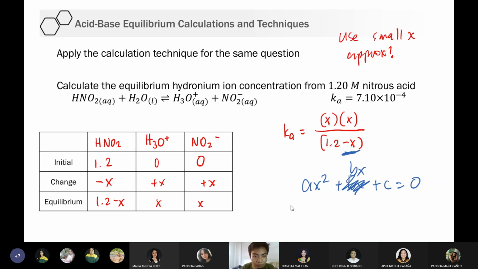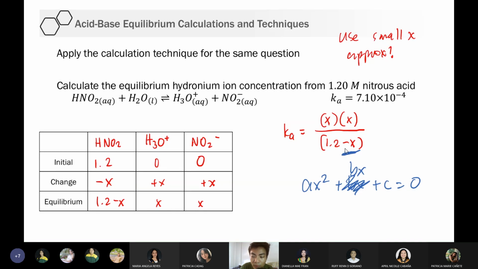Kaya nagka-quadratic equation tayo. Dito papasok yung small x approximation. Ano gagawin natin? We will assume that the x in the denominator is negligible. Ibig sabihin, pwede burahin. So, yun yung gagawin natin. Since pasok siya sa ating criteria for the small x approximation, then we are safe to say that the x on the denominator is negligible.